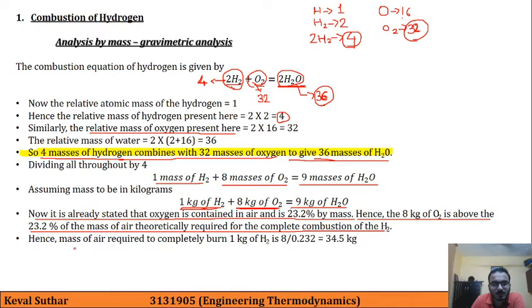So here the mass of air required to completely burn 1 kg of H2 is given by this formula. Now what is the meaning of this? Let's say that here we are having air, and here we are having oxygen.